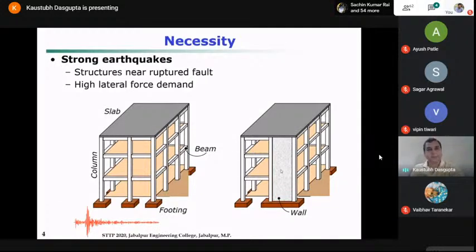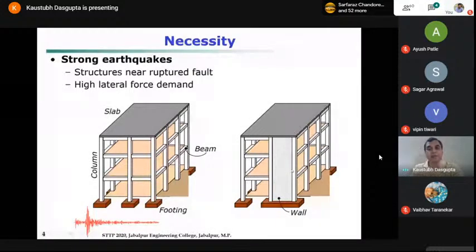So both the lateral strength of the building along the width as well as the lateral stiffness of the building along the width are enhanced by virtue of the large in-plane dimension of the wall. The thickness is the width and the depth of the section is the length. So naturally it enhances the stiffness and the strength.